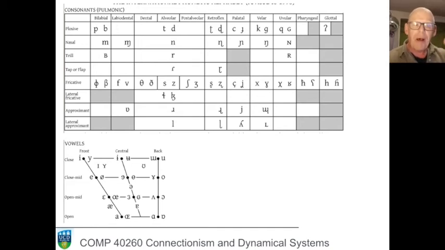And the top half shows the chart for the consonants, while the bottom shows a completely different form of organization for the vowels. I'll just describe that very briefly. The vowels are organized around a 4-sided figure, which represents roughly the highest point of the tongue within the mouth. Different tongue positions result in different vowels.